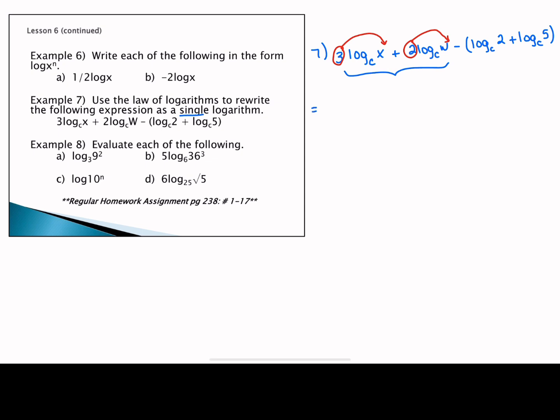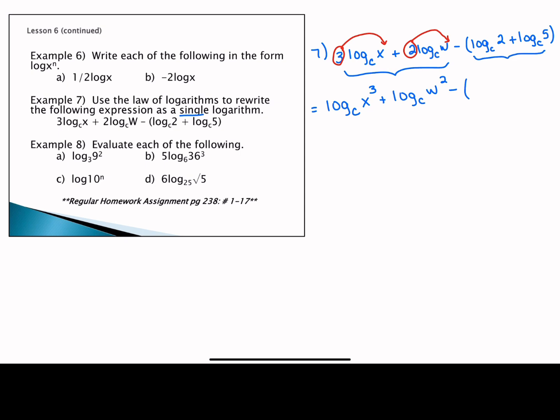The first step for me would be to take log base c of x and rewrite it to the power of 3, and add that to log base c of w to the power of 2. If you want to rewrite the rest of the terms, you're welcome to, but I'm actually going to absorb the next little piece in one step. If I look inside those brackets, those are both log base c.